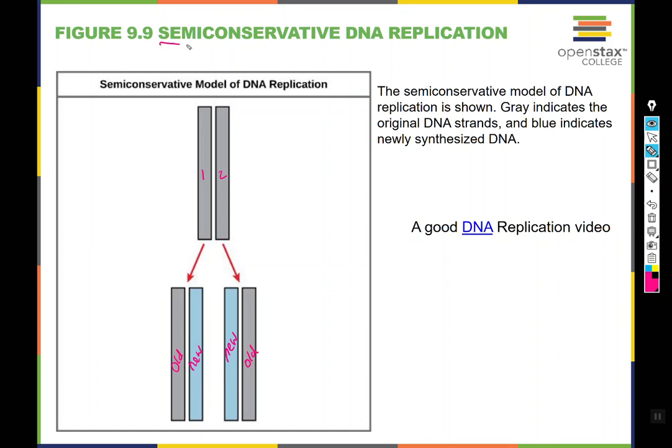So it's called semi-conservative because half of the original DNA molecule is conserved within each daughter molecule. And if you want to watch the DNA replication video, you can click that, but we're not going to do that today because I'm already making a video. A video within a video would be very meta, however.